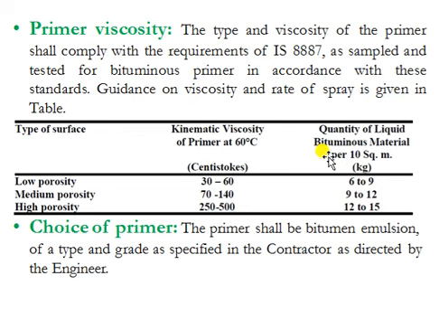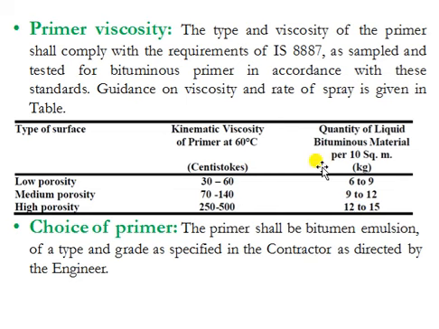Similarly, the quantity of liquid bituminous material per 10 square meter is also given in the table. For the low porosity pavement surface, the quantity should be between 6 to 9. For medium porosity it should be between 9 to 12, and for high porosity it should be between 12 to 15.